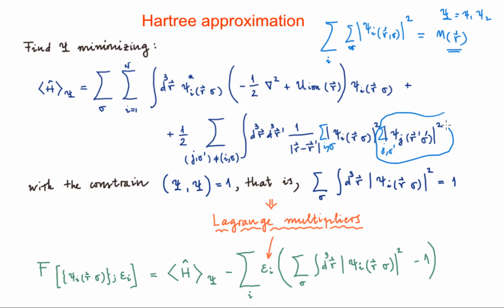That will be the charge density at R prime, and that will be the charge density at point R. So basically what we have here is the interaction energy of a system characterized by a charge density at R. The interaction potential of a system with electronic density n is given by that expression.